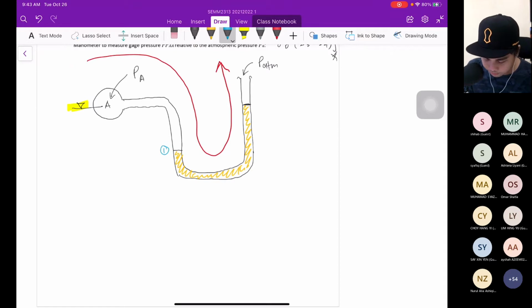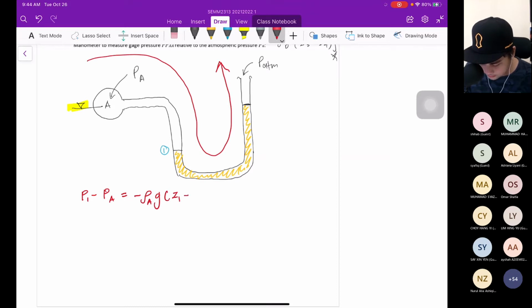So what you need to do? PA goes to P1. That means P1 minus PA equals negative rho of gas A, g, (Z1 minus ZA).